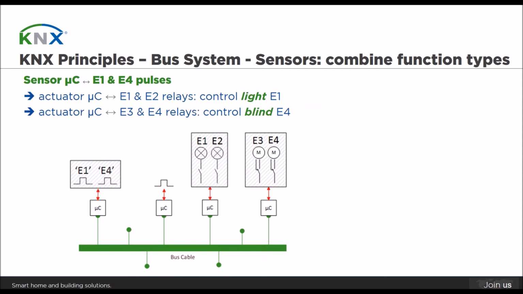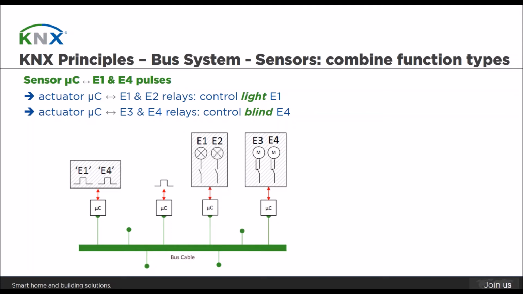Next advantage is that not only can functions be combined within an actuator, or that we can have multiple channel devices, but we also see the same for sensors. Example given, a 2-fold, a 4-fold push button. Not only that, we can also combine function types within a sensor. This is what is shown here.